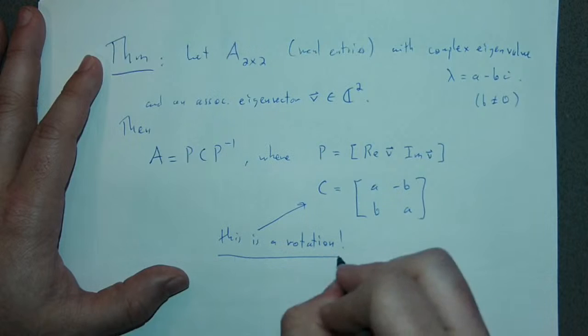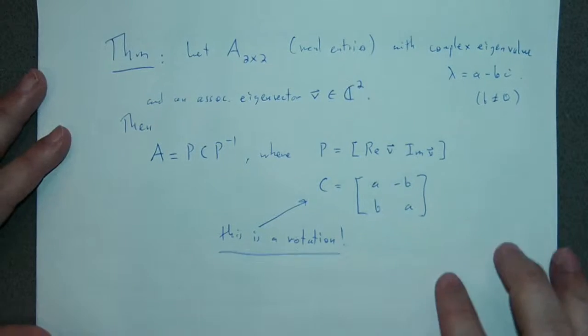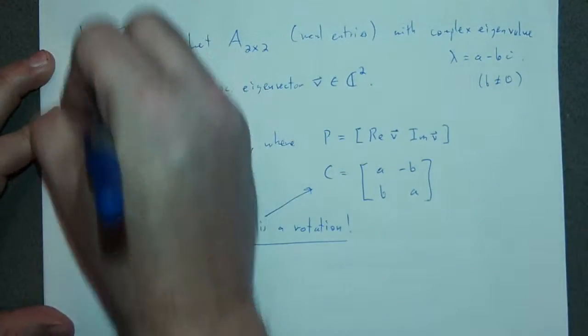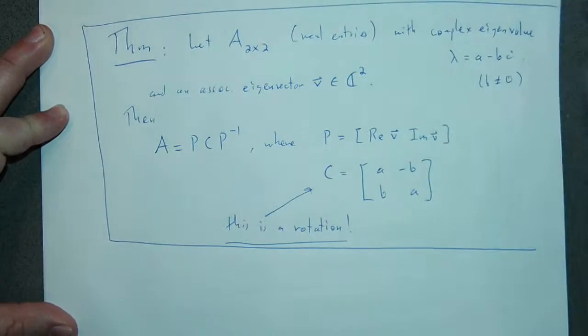Recall your standard matrix for a rotation. How is this a rotation? Well, this is the content of the theorem. The fact that this is a rotation is a separate matter.